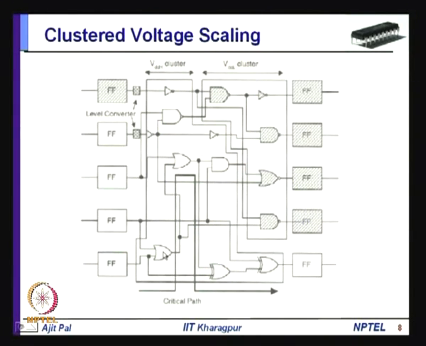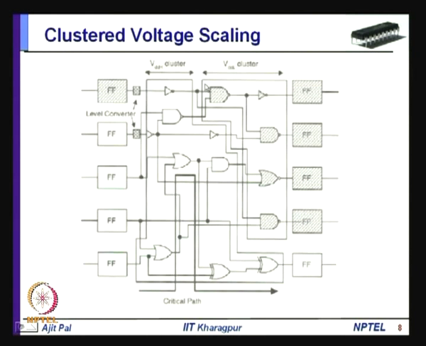So, for example, in this case, these flip flops, these gates without any slack, are on the critical path. So, there they can be assigned higher voltages. On the other hand, this flip flop, this NAND gate, this flip flop, this NAND gate, this NOR gate, this NAND gate, they are on the non critical path.